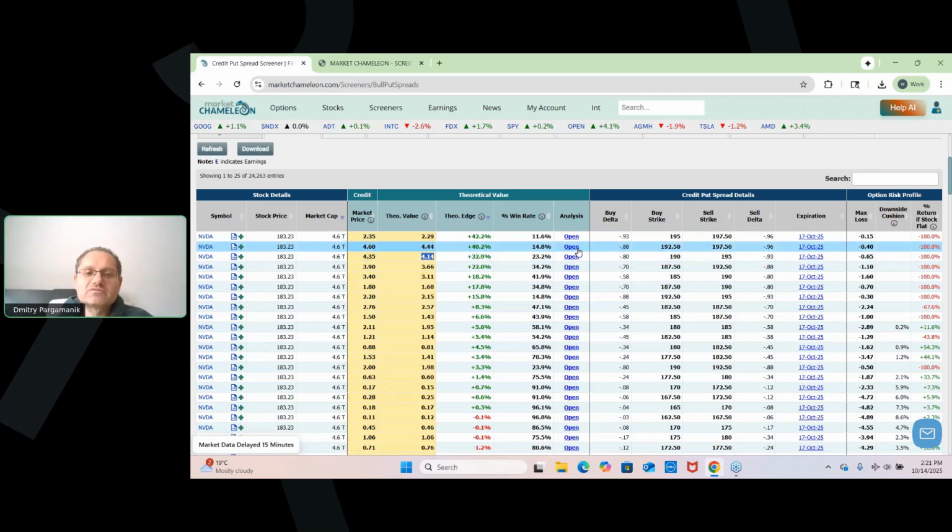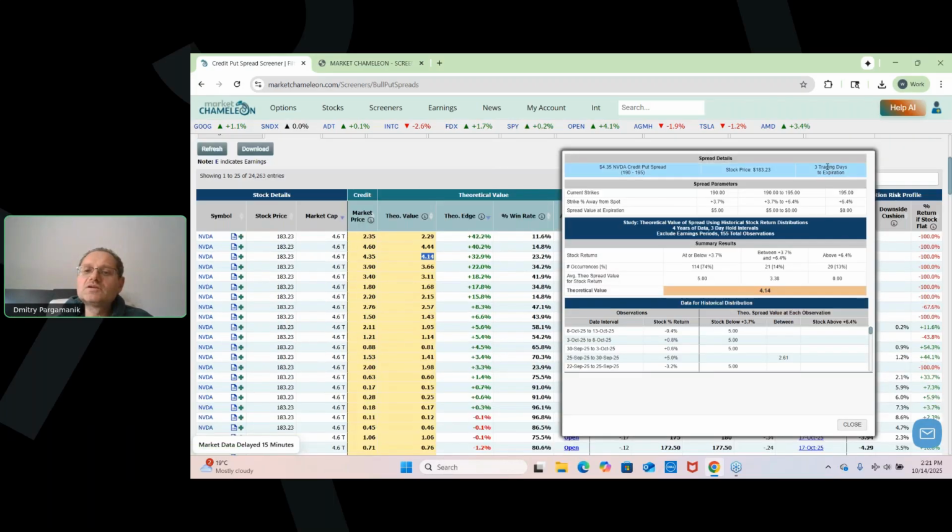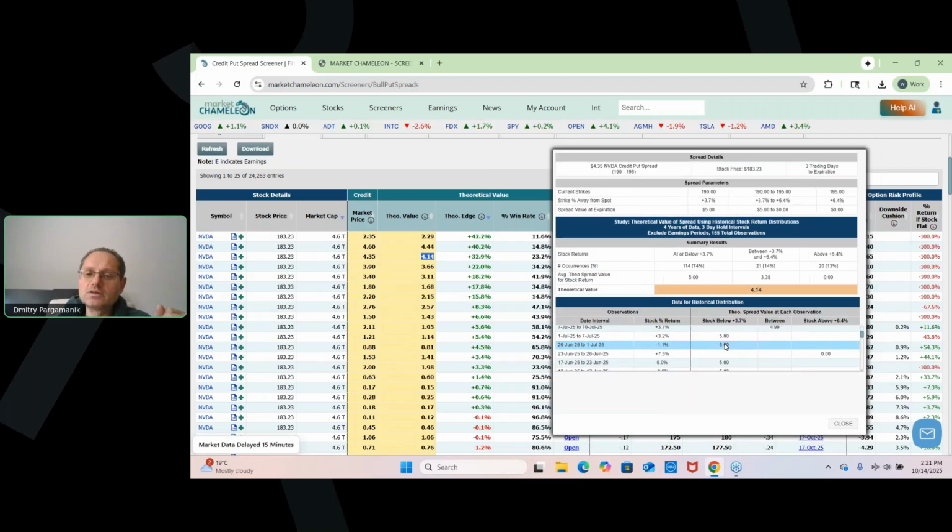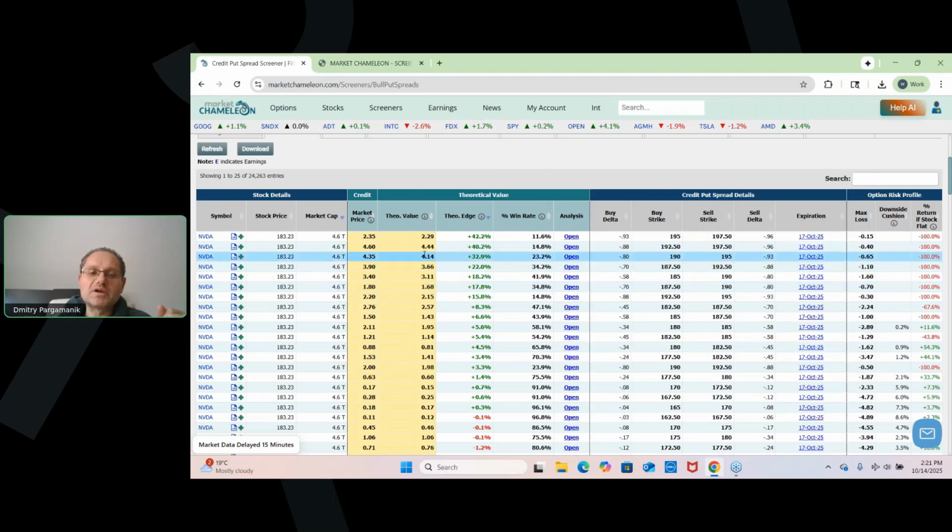So if this is, for example, 3 trading days away, the stock price is a certain percentage away, based on the historical stock moves over here. We calculated theoretical values and took the average of it.